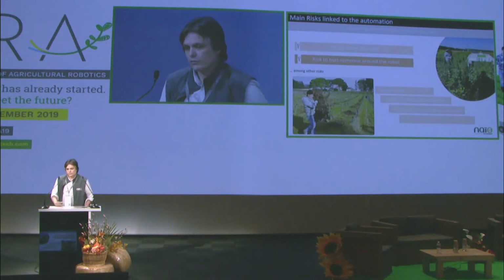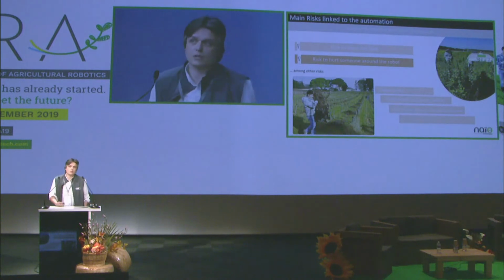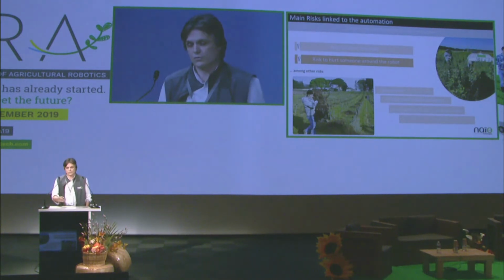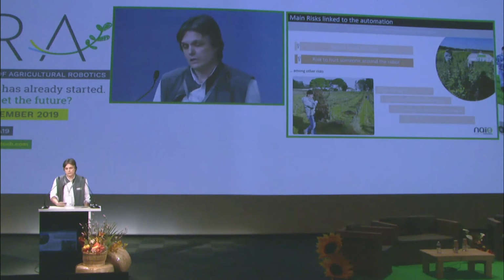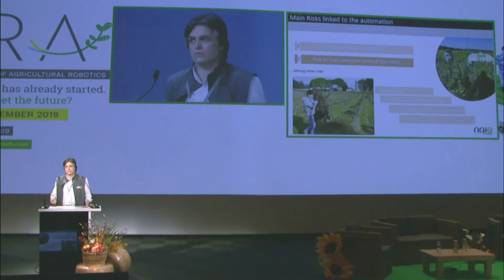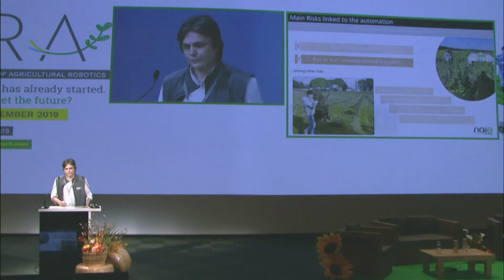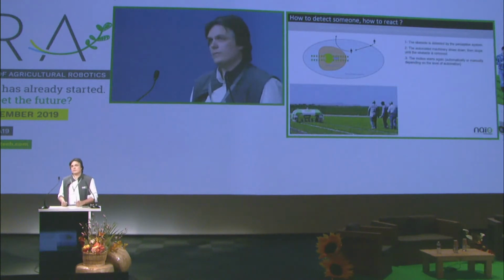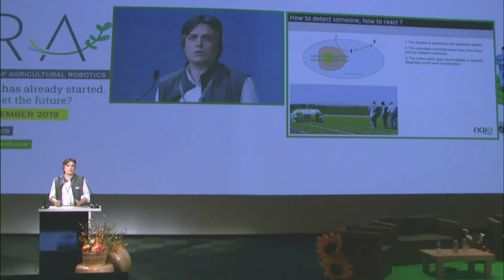When we talk about automation in the field, there are two major risks which arise. The first one is the risk to leave the field, so I'm not going to talk about that risk right now. I'm going to focus on the risk to hurt someone around the robots. There are also other risks, cybersecurity, collision with another equipment, destruction of crops, and so on. But today, we are just going to talk about the risk to hurt someone. So our approach is based on a very simple fact.